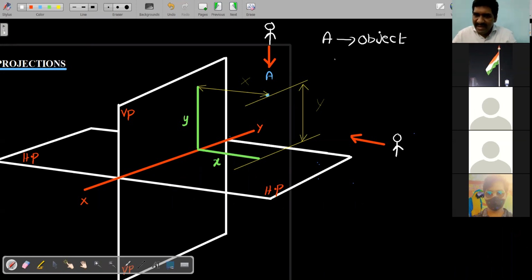A dash will be represented as front view. A will be represented as top view. A double dash will be represented as side view. These are general notations, all of you. Okay, so front view, top view, side view.